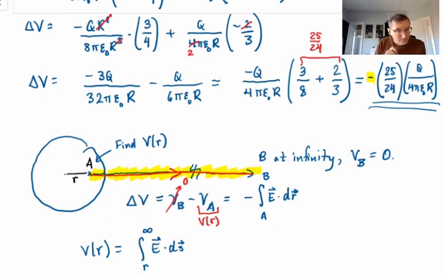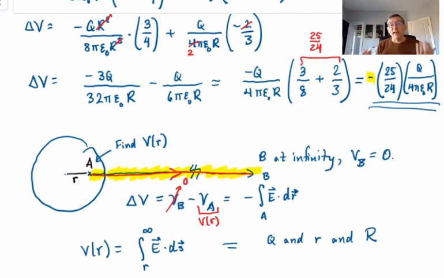Okay? And when you're done, you'll have a result that depends on big Q and little r and big R. And you will have found the electric potential at any point inside the sphere with a reference point at infinity.